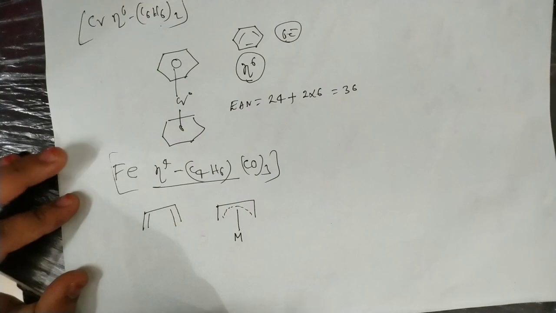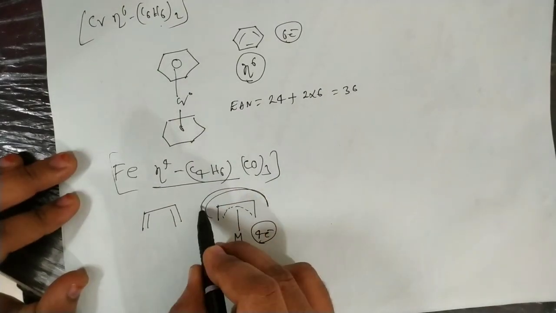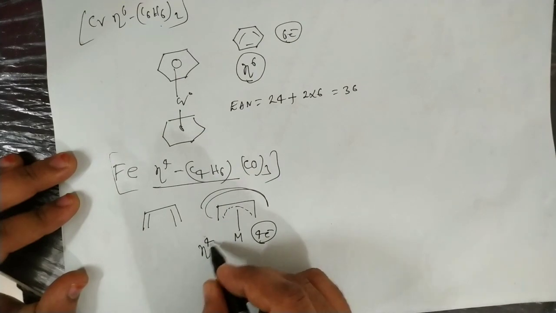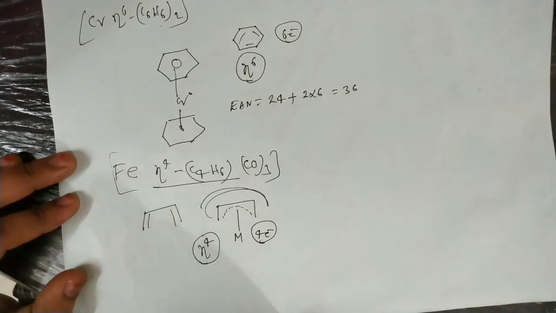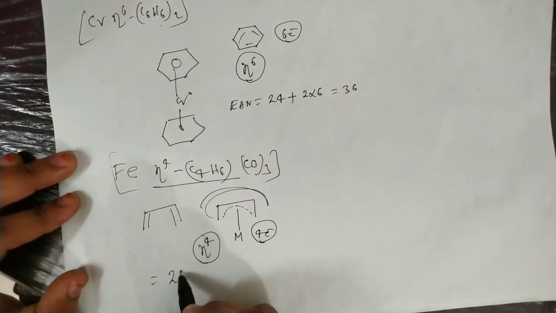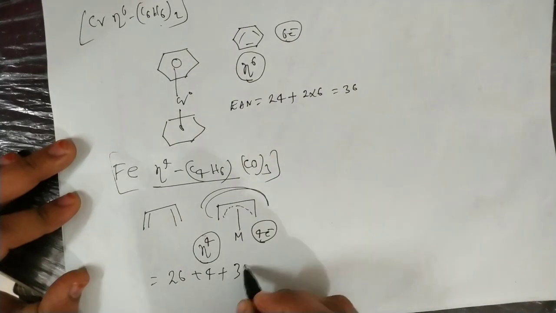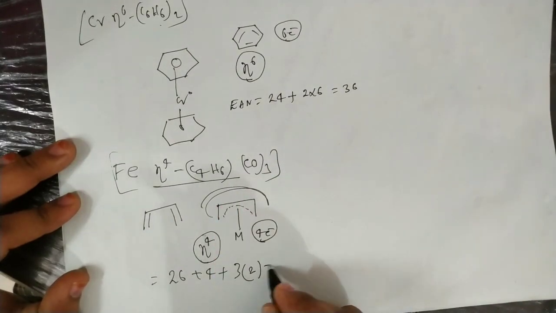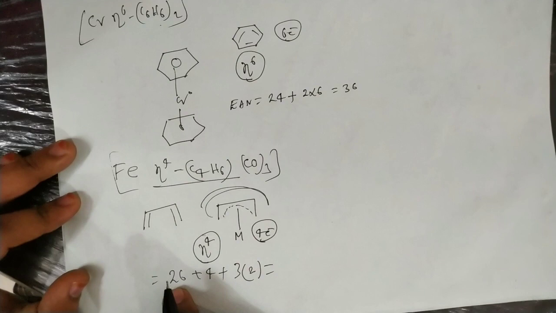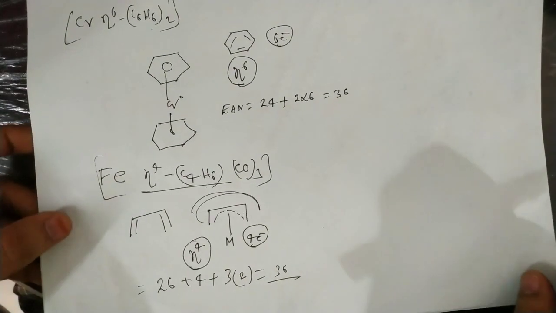These 4 electrons are involved in bonding, that means a 4 electron donor, and 4 carbons are involved in bonding, so hapticity is 4. Now iron 26, plus 4 as the 4 electron donor, plus 3 into carbonyl group, 2 each, that means 26, 4, 30, 30 plus 6, 36. So its effective atomic number is 36.